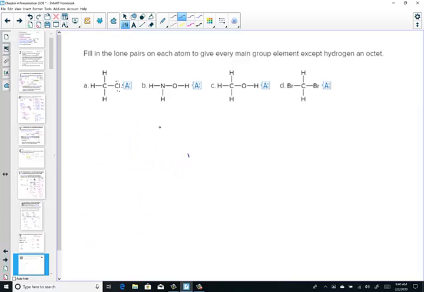When I investigate hydrogen, it only needs 1 bond. Hydrogen will never get dots. So that's always off the plate. Hydrogen, never any dots. The nitrogen, who lives in group 5A, right now the nitrogen has only 3 bonds.